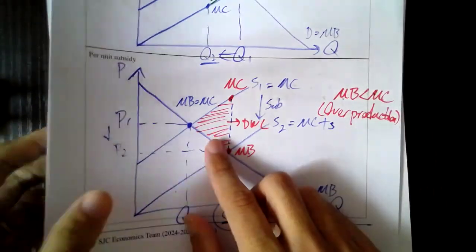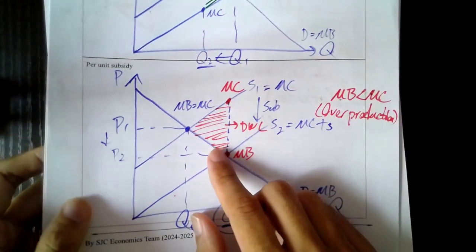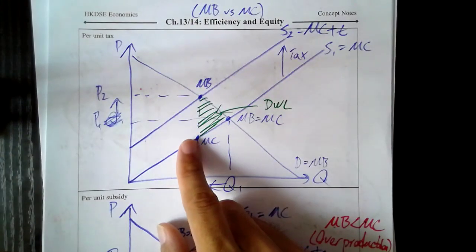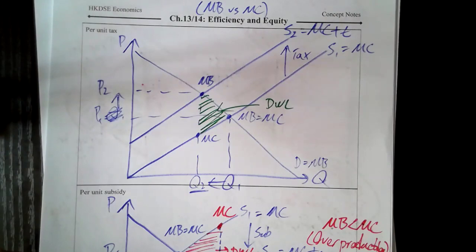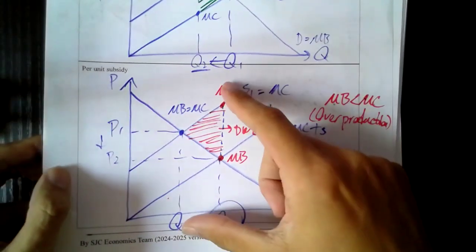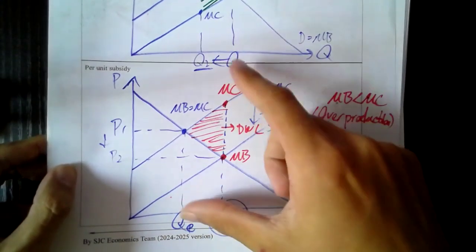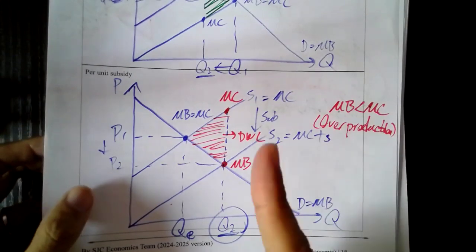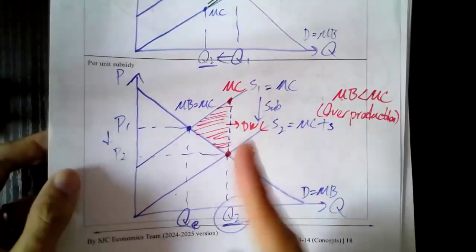But then, you see there is a certain question for text, a certain question asking for area. So there is nothing stopping HKEAA from using area to ask you about per unit subsidy instead. They can ask you using area, so don't be complacent. So how do we do areas?